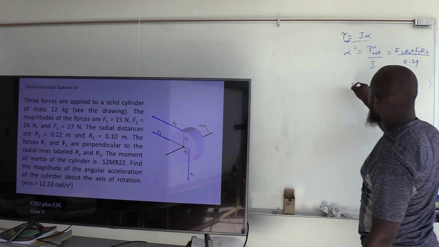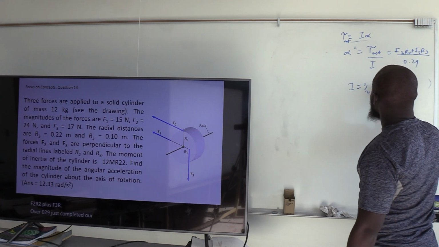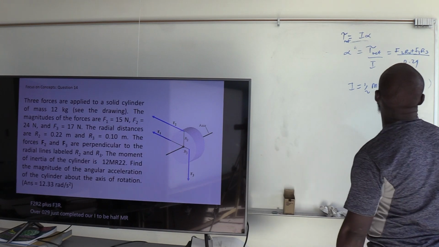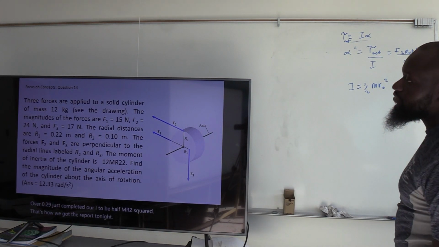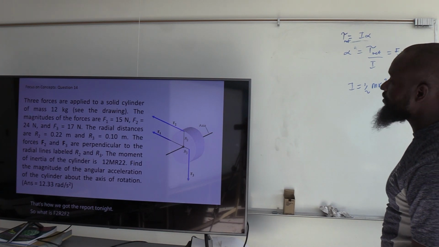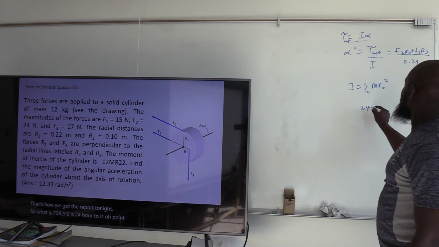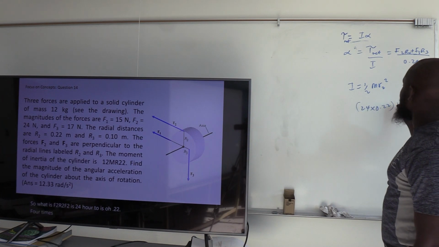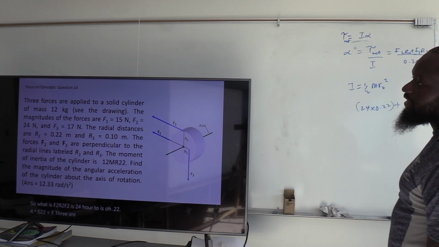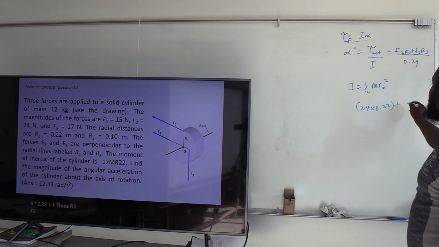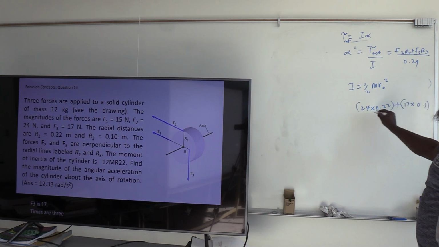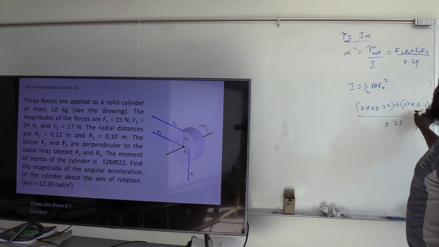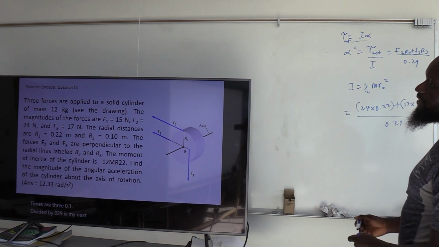We just calculated our I to be half mr2 squared. That's how we got 0.29. So what is F2 R2? F2 is 24, R2 is 0.22, 24 times 0.22, plus F3 R3. F3 is 17 times R3 0.1, divided by 0.29.